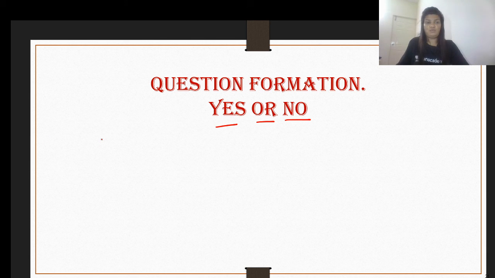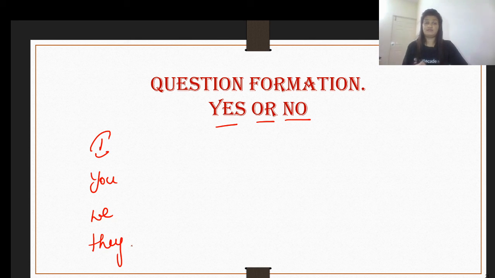Let us go ahead with the subjects I, you, we, and they. Well, with these subjects we use plural verbs, right? So to frame the question, especially yes or no questions, we bring in the be verb, the auxiliary, first. With this we use have.